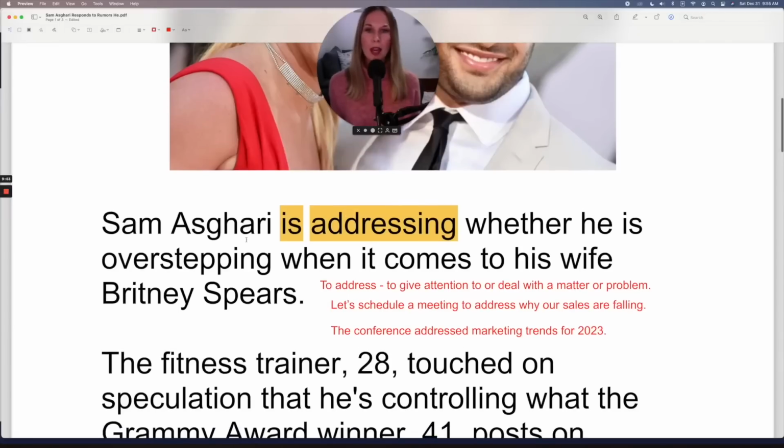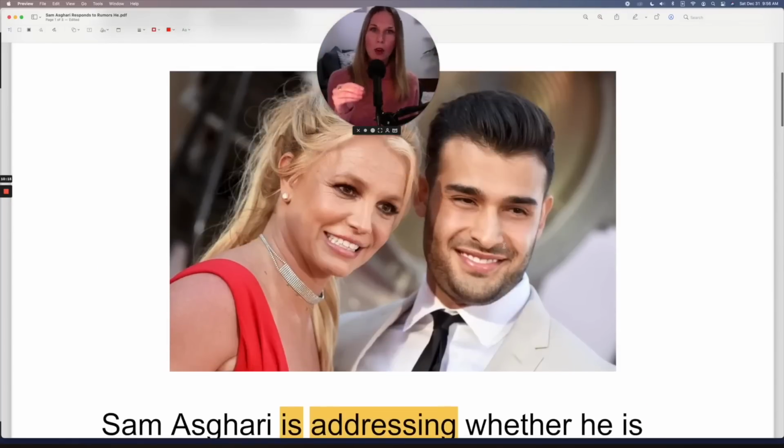Okay, so Sam Asghari is addressing whether he is overstepping, to overstep. This is very useful. When you overstep, it means you involve yourself in matters that you shouldn't. So in this case, Sam Asghari, why would he decide what Britney Spears posts on her social media? It's her social media, right?